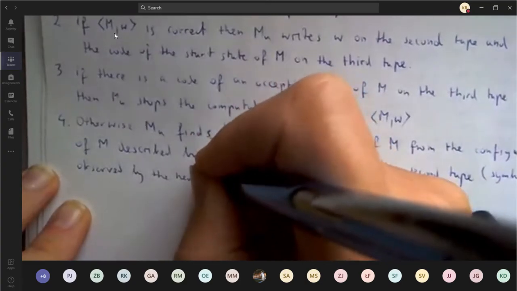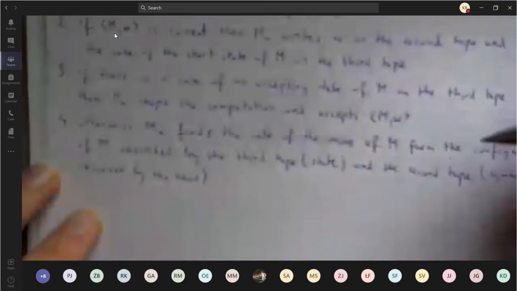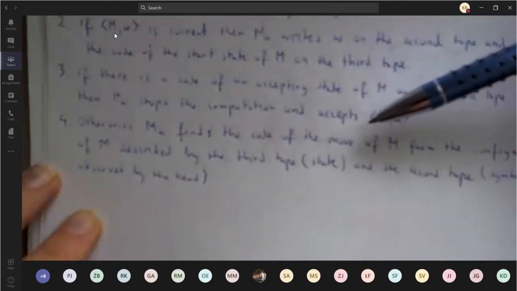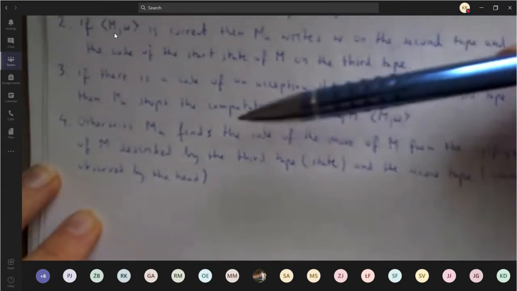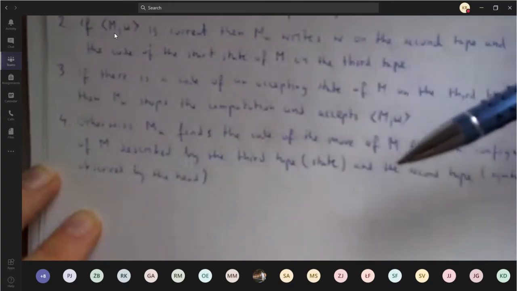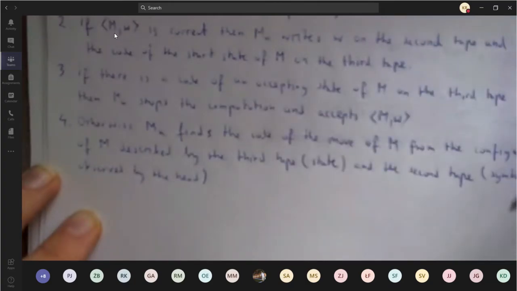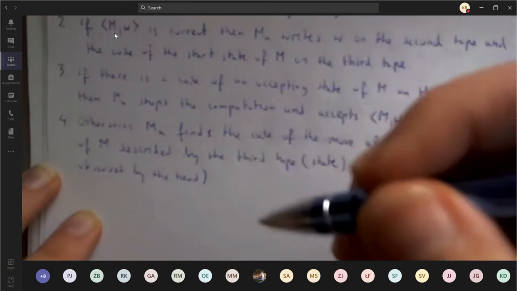Okay, so it searches for the value of the transition function on the first tape, and then it performs this move on the second and the third tape.